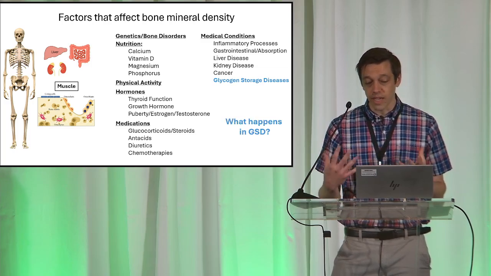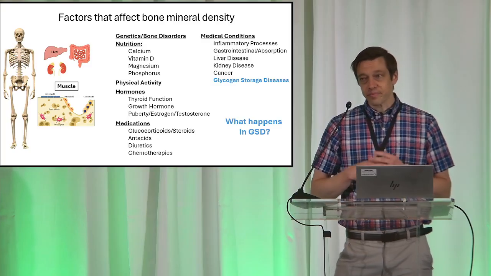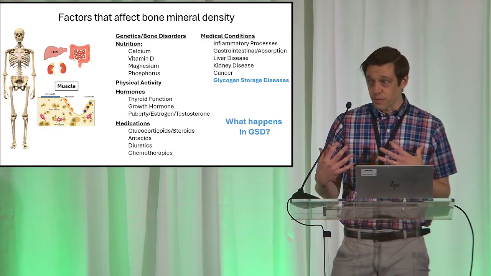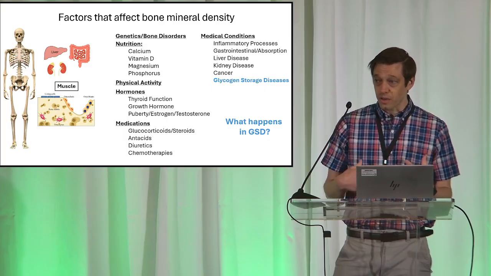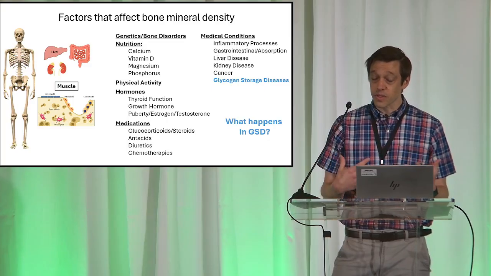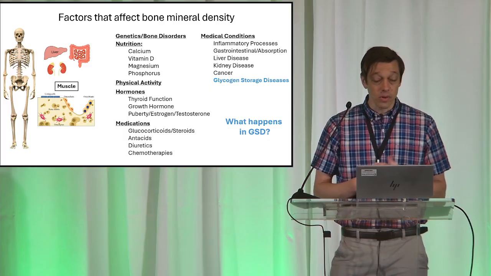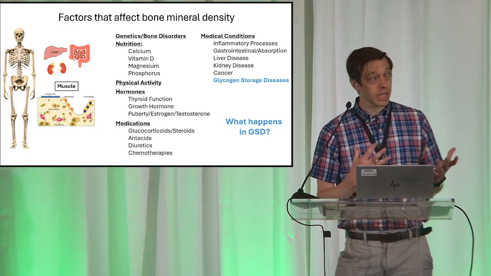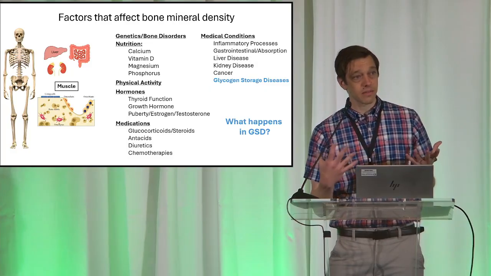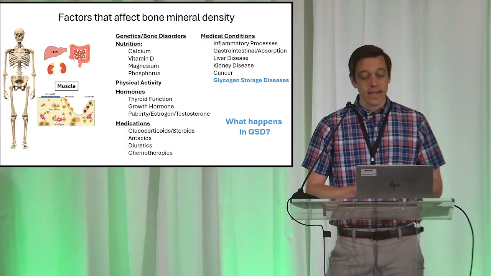So again, to talk about the topic of this weekend, glycogen storage diseases, how can GSD affect bone health? I think we can all come at this from different angles, whether we're a provider, an ally, a person with GSD, or a family member, and ask: looking at this, what aspects of our lives are affected?